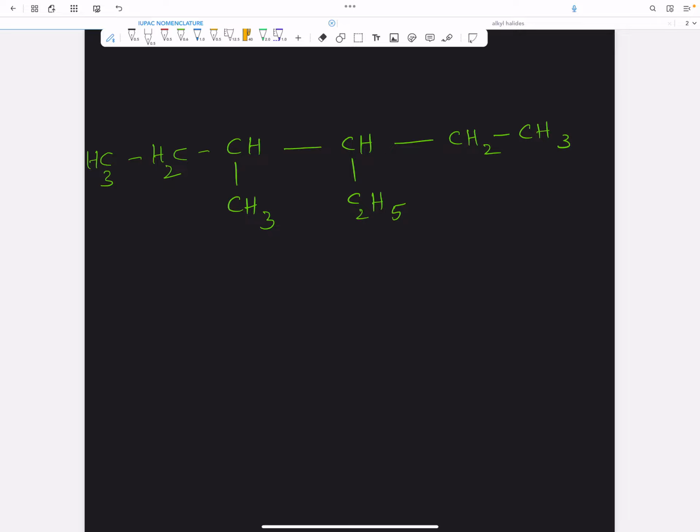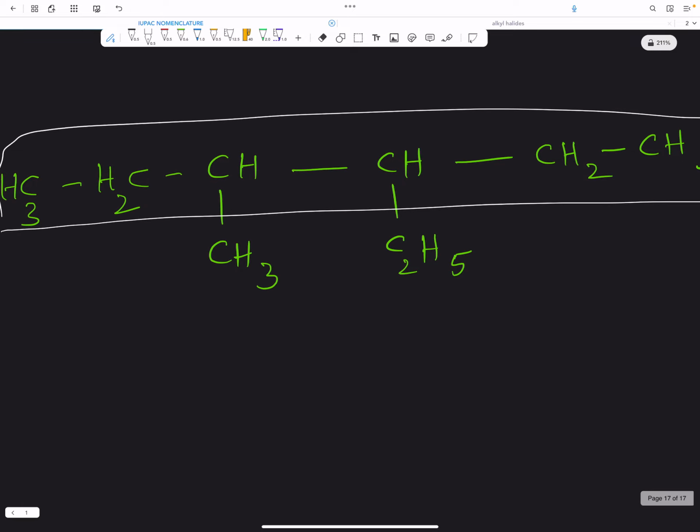Here the longest continuous chain has 6 carbons. Now start giving numbering 1, 2, 3, 4, 5, 6. In the opposite direction 1, 2, 3, 4, 5, 6.